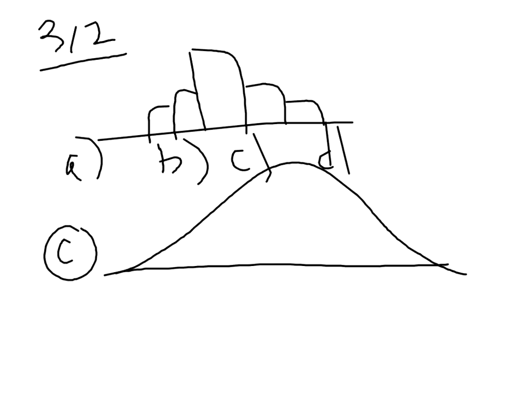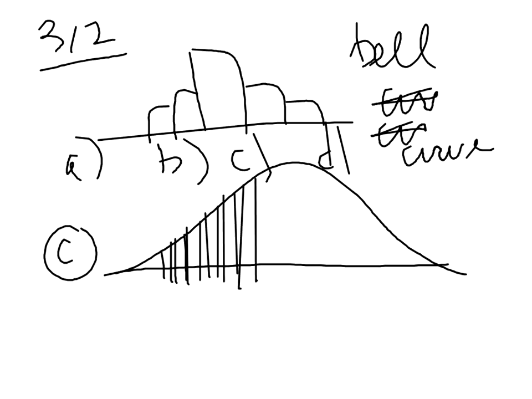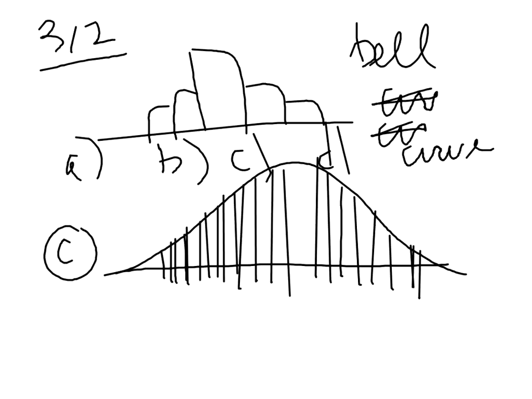remember where we're going with this is the bell curve, which I can't seem to write now with this pen, but I'd like you to notice that letter C on the top of page 312, it looks like it's composed of lots and lots and lots, it's not the best mathematical term, bars there.